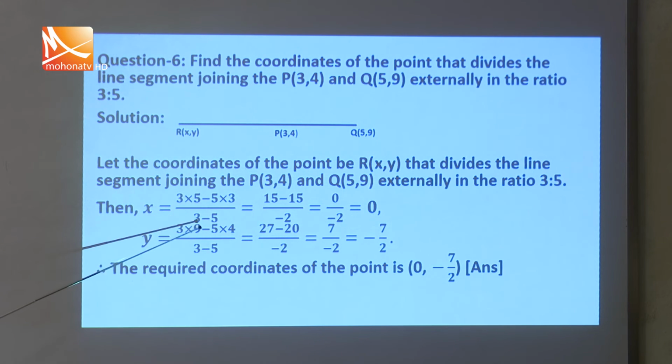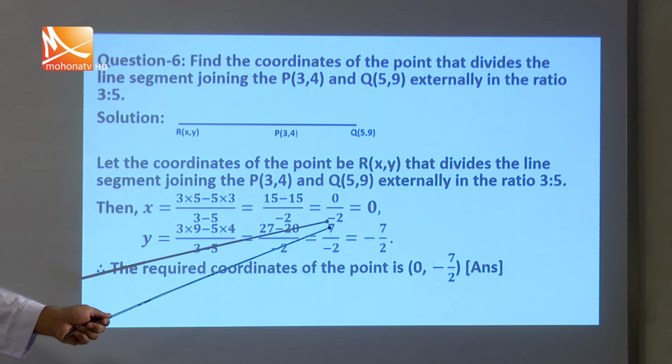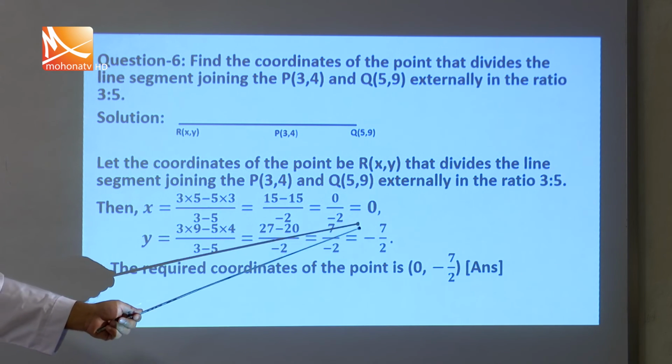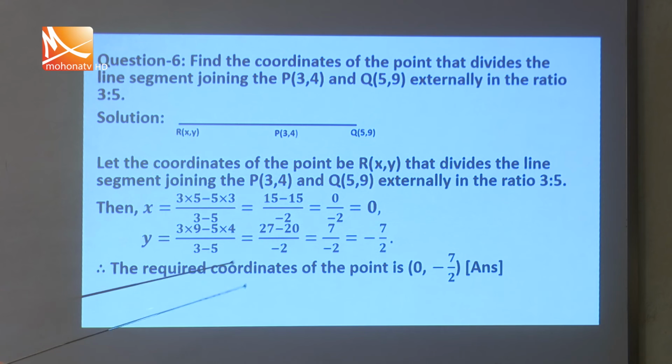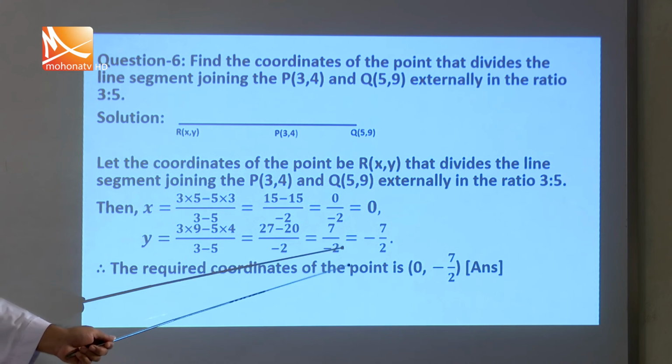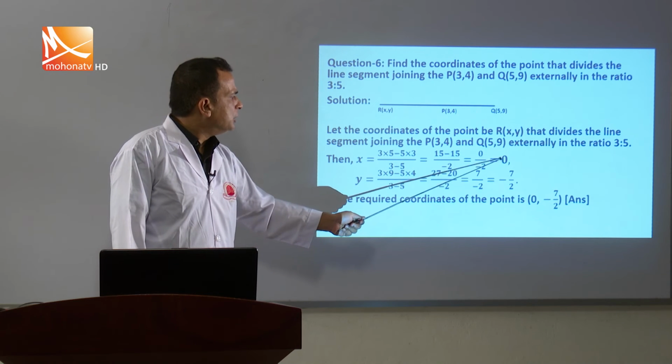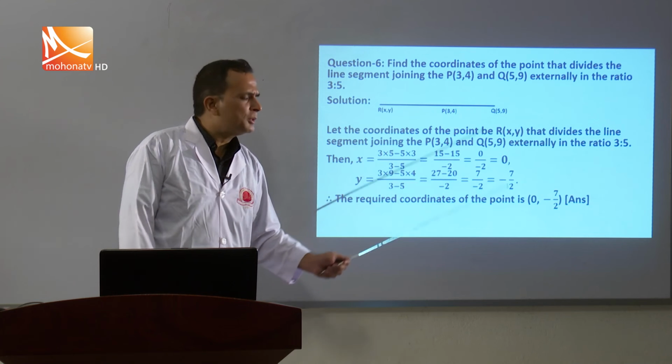So it will be 3 into 9 minus 5 into 4 by 3 minus 5. 3 into 9 is 27, 5 into 4 is 20, 3 minus 5 is minus 2. So 27 minus 20 is 7 by minus 2, which is minus 7 by 2. So the required coordinates of the point are (x, y), ultimately (0, minus 7 by 2).